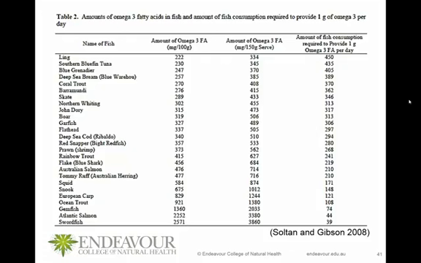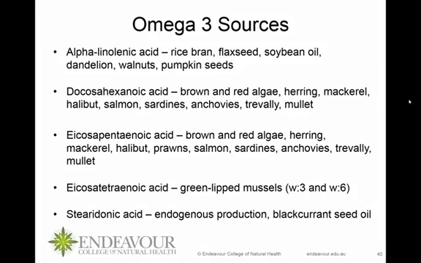Now this table is actually taken from an American paper, and as you would appreciate, all of those fish aren't widely available here. From an Australian point of view, one of the primary sources of omega-3 in terms of fish are more clearly indicated on this slide: herring, mackerel, halibut, salmon, sardines, anchovies, trevally and mullet.